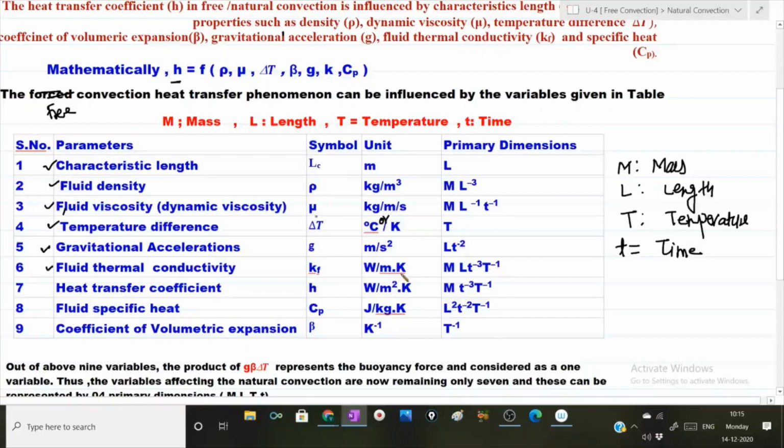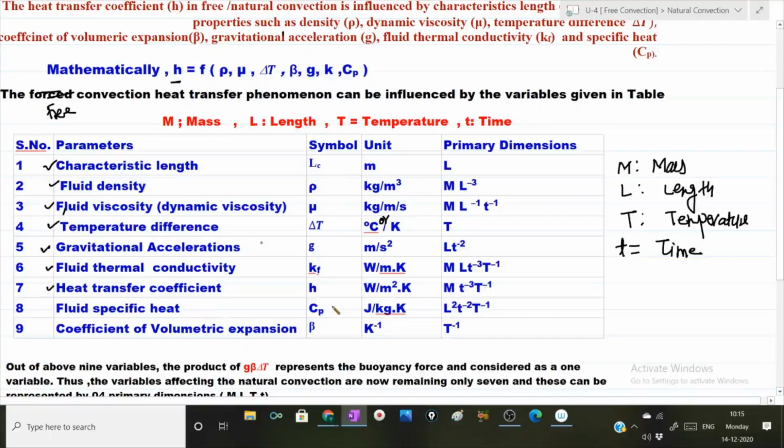This watt per meter Kelvin, how do I get primary dimensions? It is nothing but a representation of the unit of that particular variable in terms of primary dimensions: mass, length, temperature and time. So that is why watt per meter Kelvin is represented by M L t minus 3 capital T minus 1.